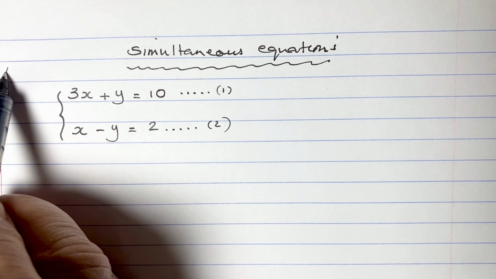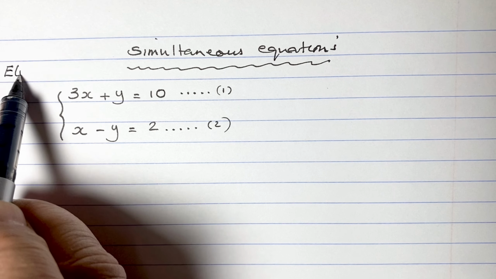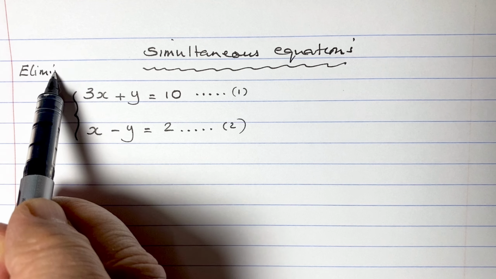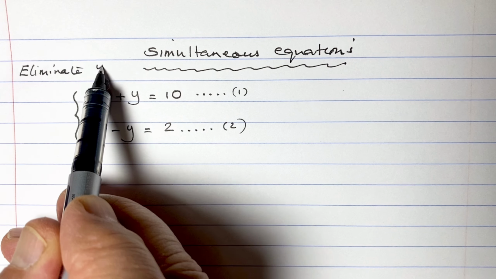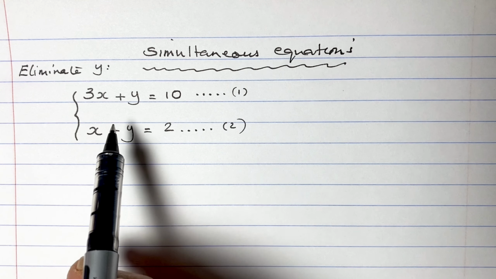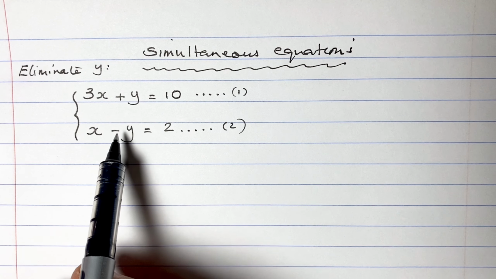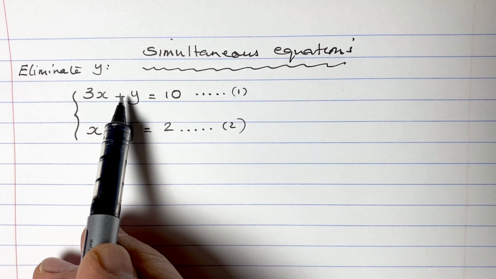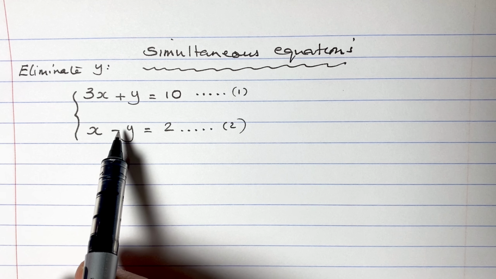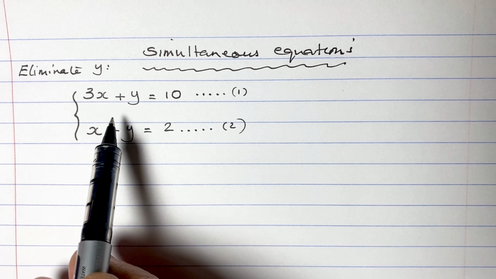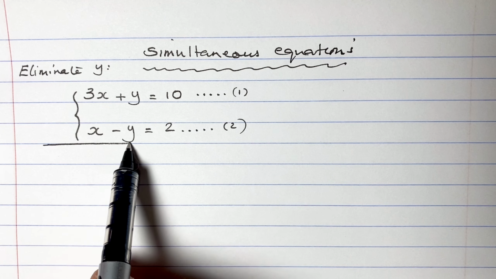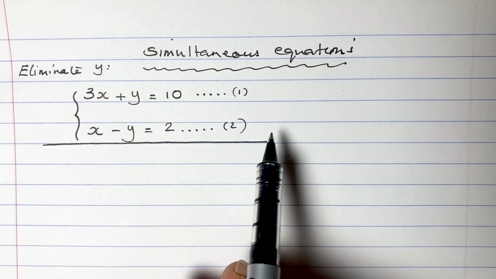So if I try to eliminate y, I need to have y with the same coefficient, the same number before them, and preferably with a difference in sign, because when this is the case, I can add these two equations together.